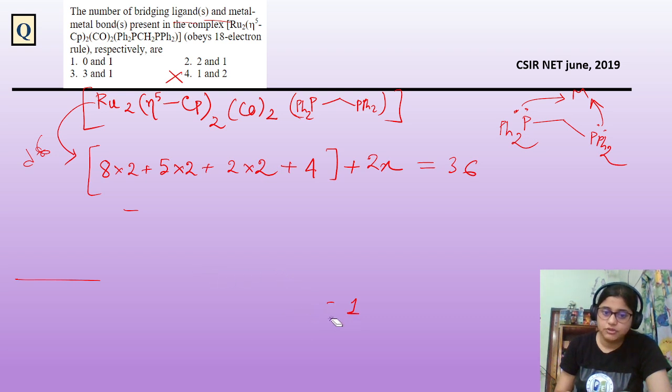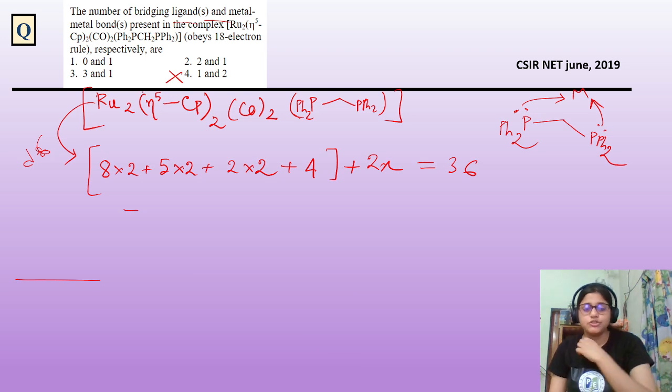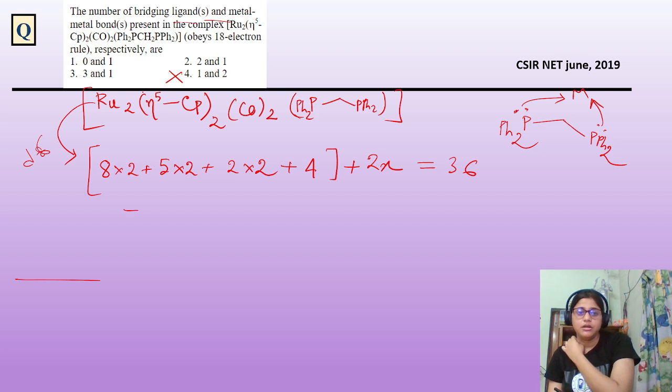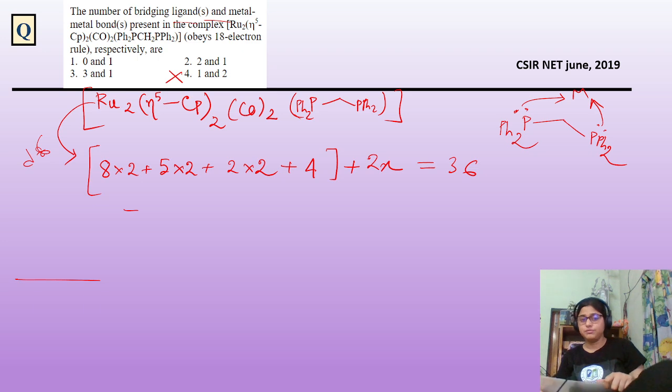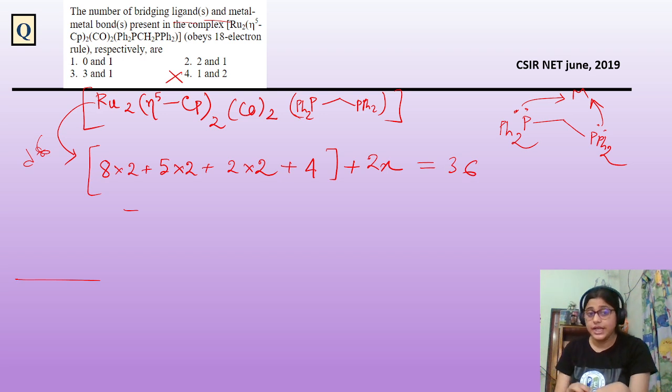But from the 18 electron count, we don't have any idea about which ligands are in mu, meaning which are in bridging positions. That we can't tell by calculating the 18 electron rule. Please keep that in your mind.